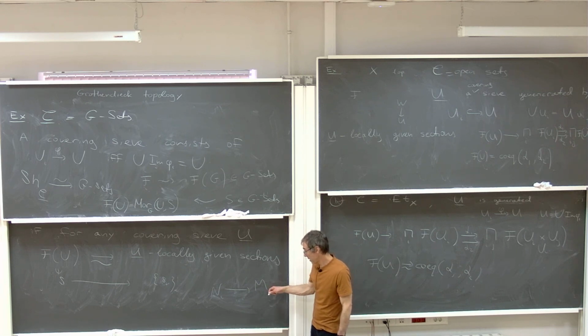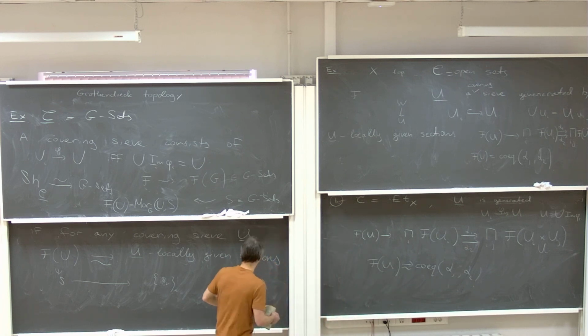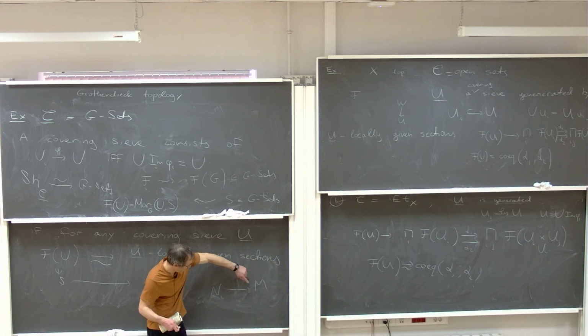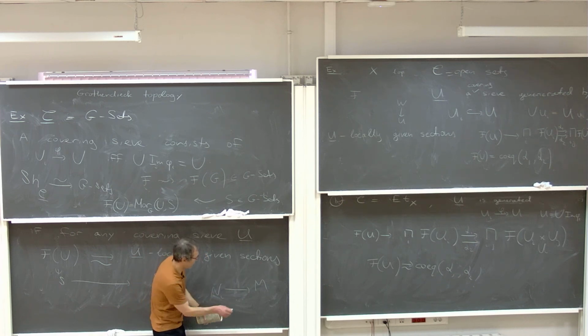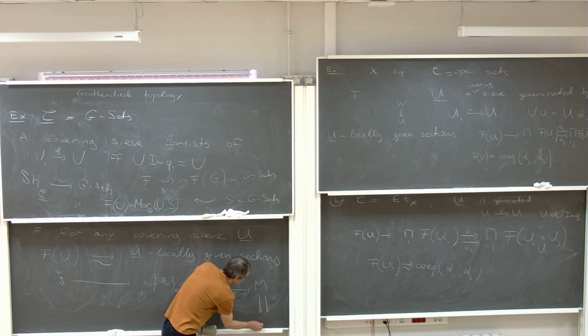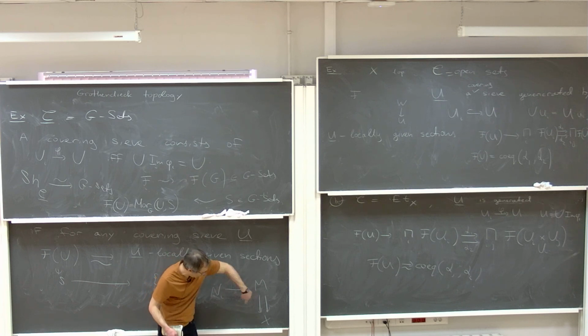We'll say that this family of morphisms is a covering sieve if M is generated by the N_i. I hope it's clear what it means. It means that if I have two maps such that the compositions for every i are equal, then the maps are equal.